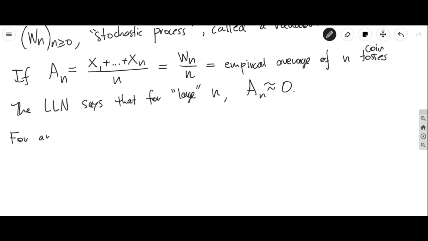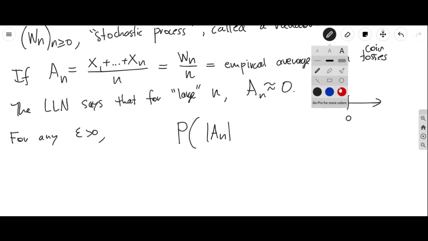It says that for any epsilon bigger than 0, if we were to calculate the probability that an, so an is supposed to be around 0. So here's a picture. Here's the number line. Here's the number 0. This is where we're supposed to be. But we create a little margin of error, epsilon. So we create this interval.